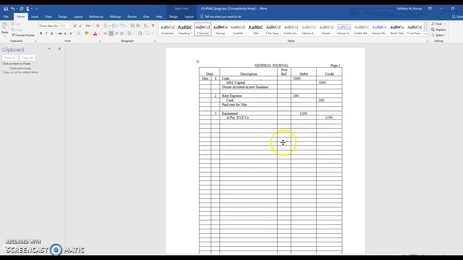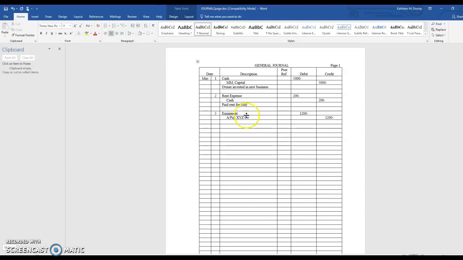Okay, now whenever we have a vendor or a customer listed, accounts payable or accounts receivable, that has to be posted immediately. Right now, I have been just journalizing, and then I was going to go ahead and post.